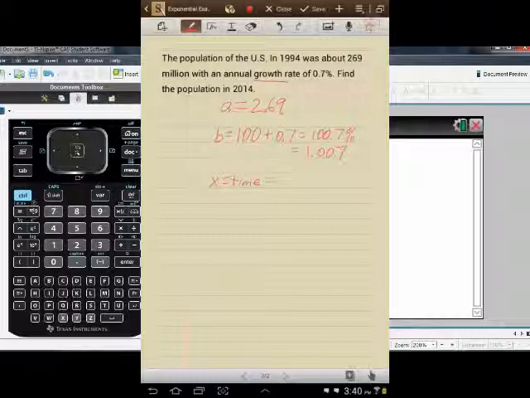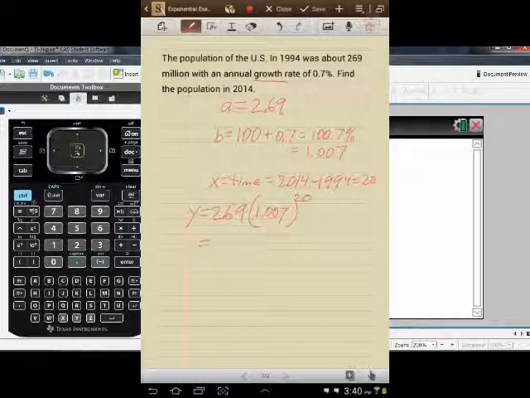So X is time. And 2014 minus 1994 is 20 years. Alright, so the current population is the initial value, 269, times the base, which we figured is 1.007, to the 20 years have gone by.